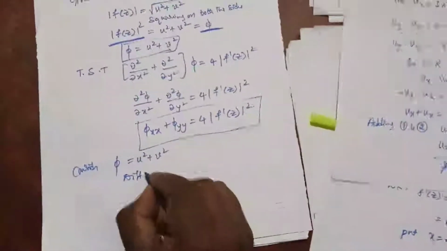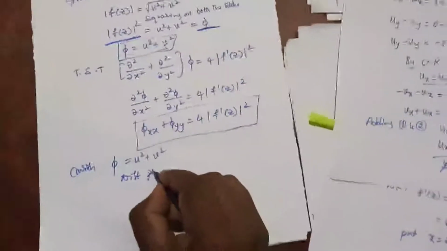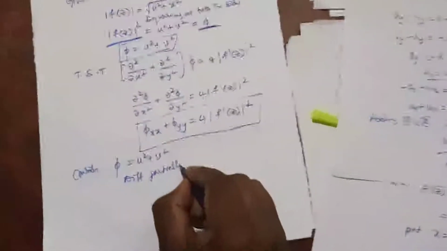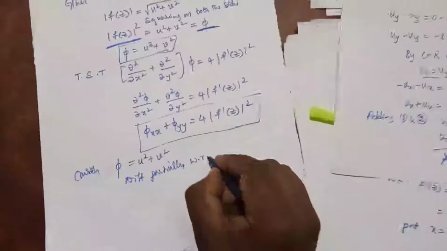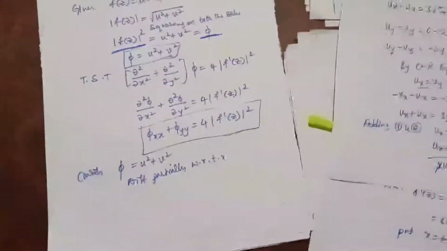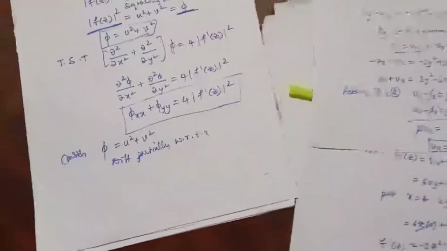Modulus of f dash of z whole square. So differentiate this partially with respect to x.